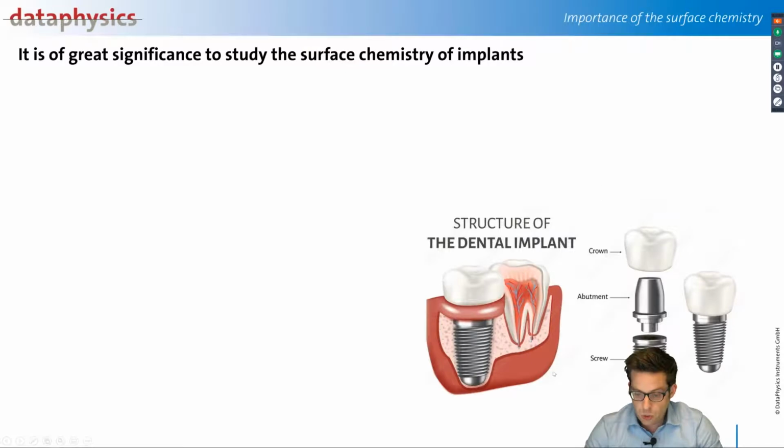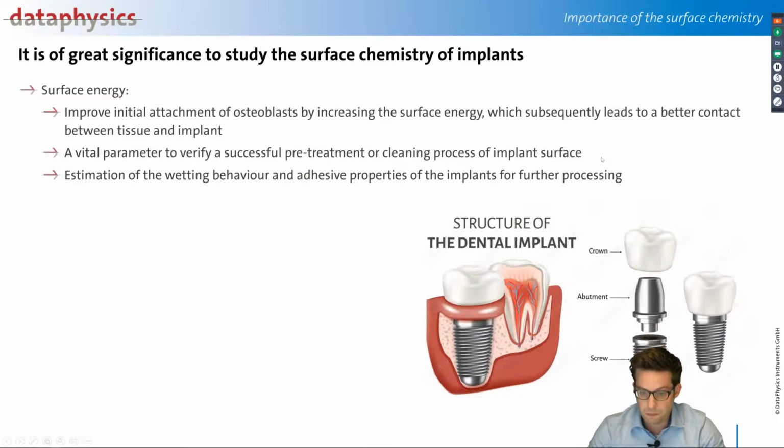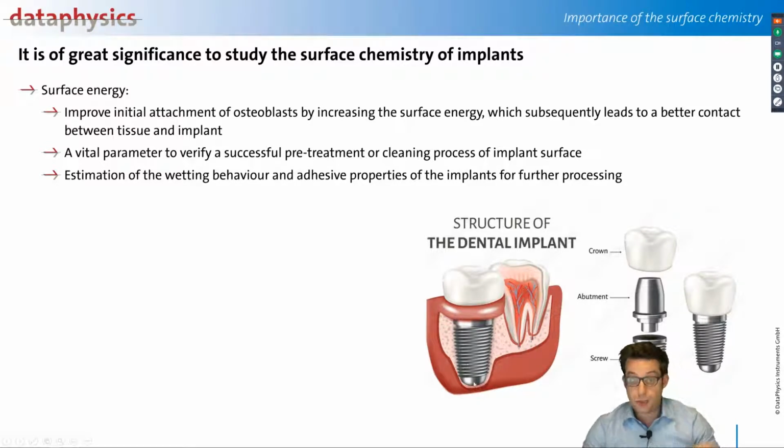So let me just go a little bit more into details. When we look here, for example, at a tooth implant, you have here the screw, and this screw is put into your bone. So this is directly in contact with your body tissue. Now, it's important.